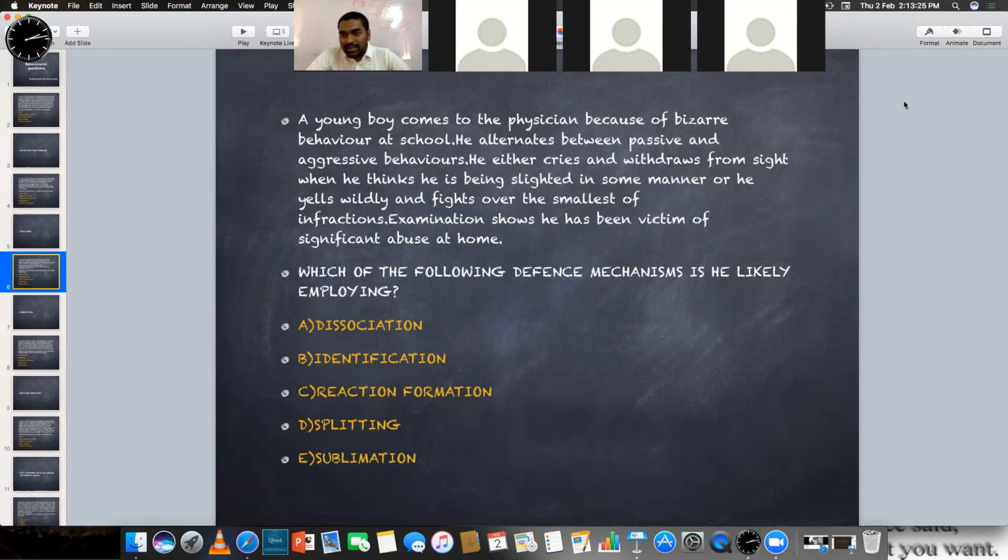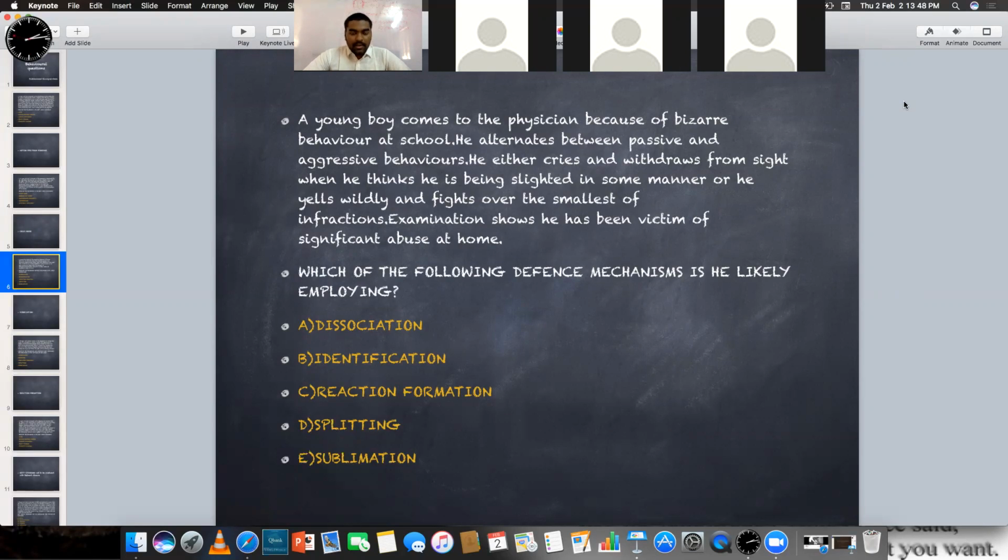Everybody got that? Who answered C? Since he's fluctuating between being passive and being aggressive, and the history says he was abused at home, and he's not being only nice to everybody, it's not reaction formation.